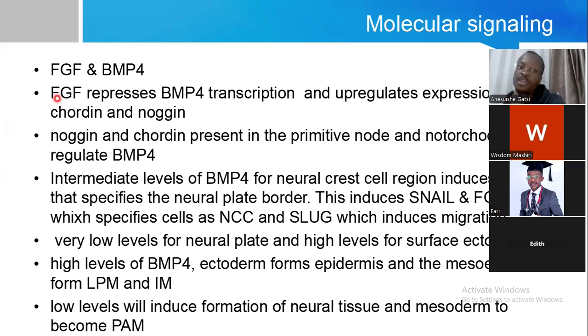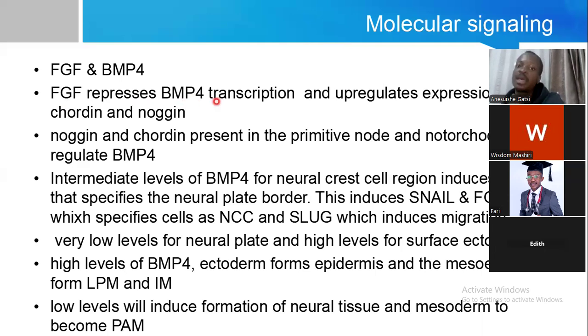Remember I said your primitive streak cells are going to express fibroblast growth factor 8, which I said was responsible for the cell migration and the cell specification. So in this case, your fibroblast growth factors will suppress the transcription of bone morphogenic protein 4.